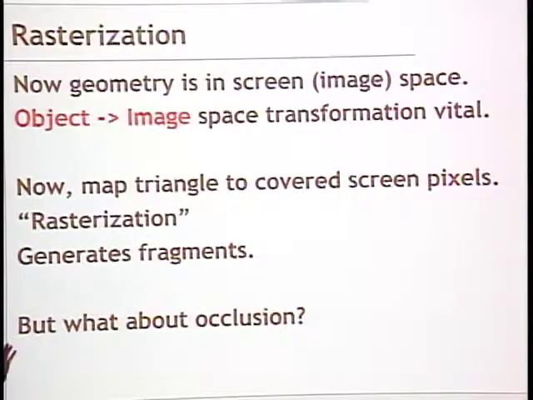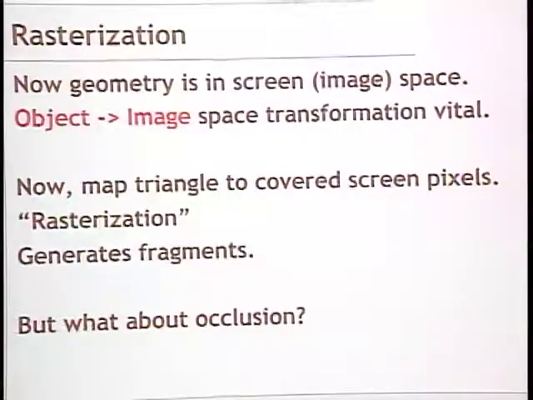And a fragment's like a pixel that hasn't graduated yet. There might be many fragments at one pixel location. If I have several triangles that overlap each other, only one of those fragments is going to win and end up graduating and becoming a pixel. So you might have many fragments, but only one pixel is going to come out. Fragment is a technical term, but it is an important technical term.